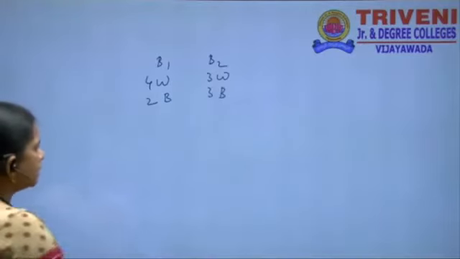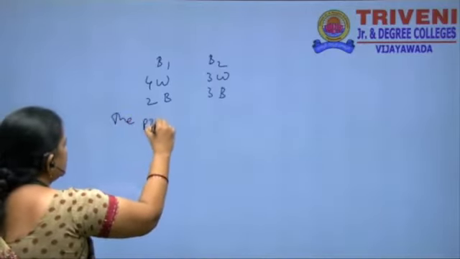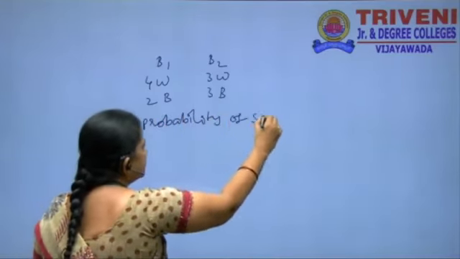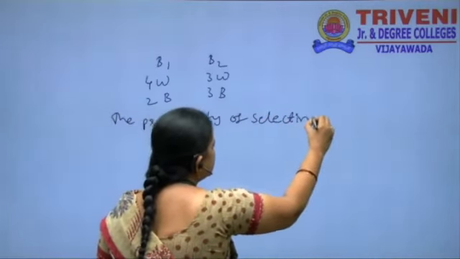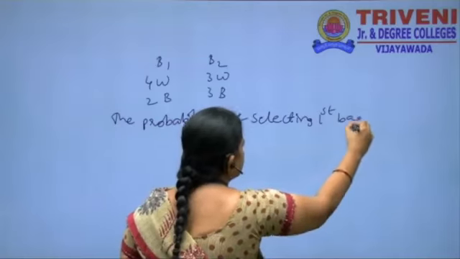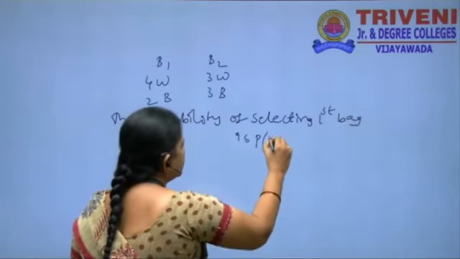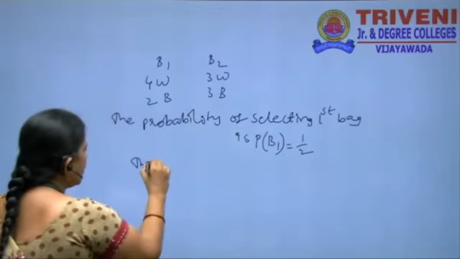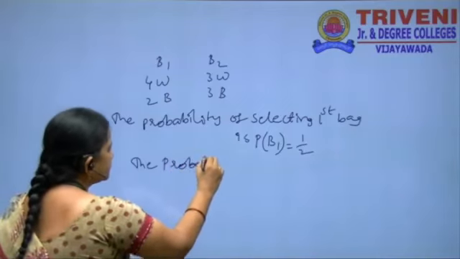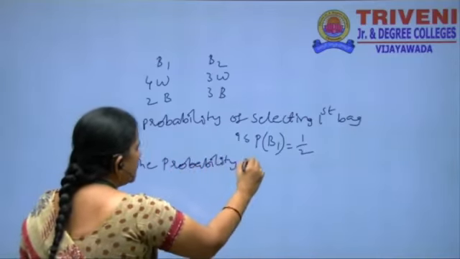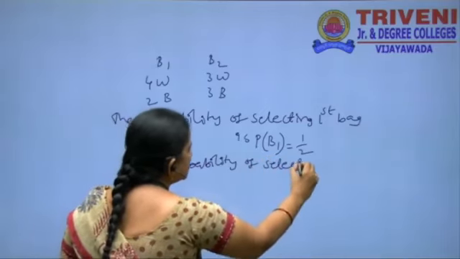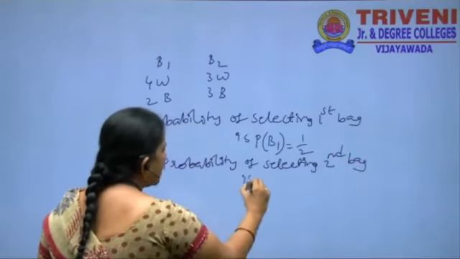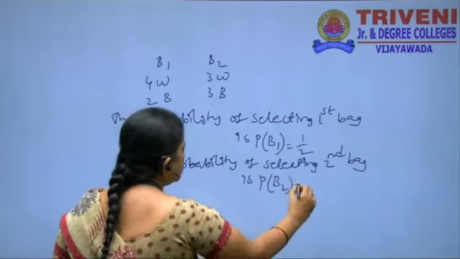The probability of selecting the first bag is P of B1 equal to 1 by 2, and the probability of selecting the second bag is P of B2 equal to 1 by 2.